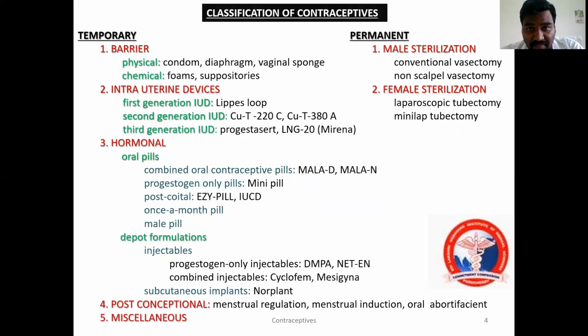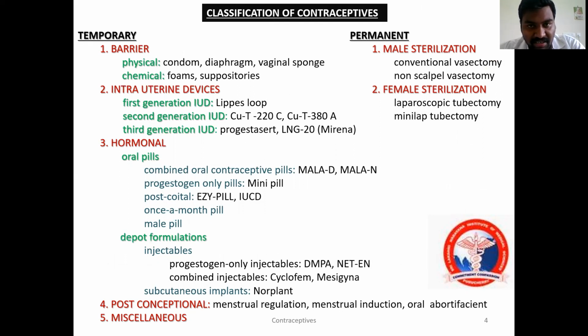It can be broadly classified under 2 heads. One is temporary method and another is permanent method. Under temporary method, barrier method is there: male condom, female condom, vaginal sponge, foams, suppositories. Under intrauterine devices, there are 3 generations. And hormonal method, post-conception method, and at last miscellaneous.